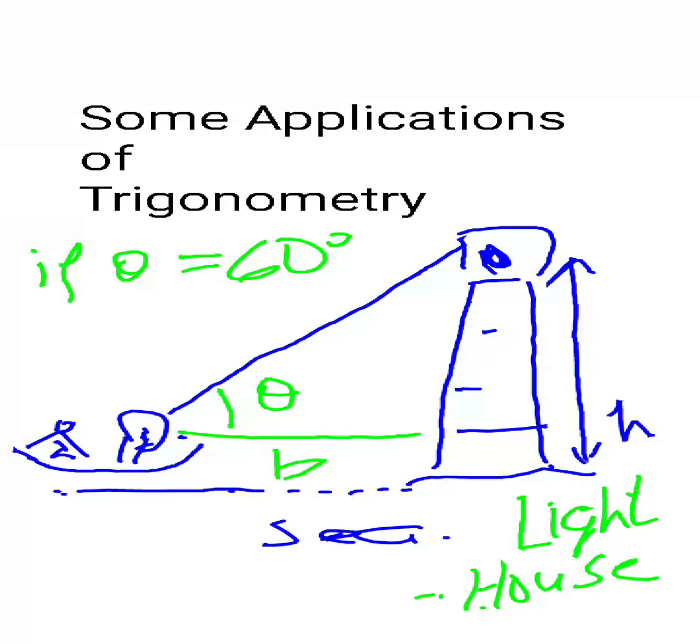If you are very close to that minar or lighthouse, then your device will show a greater angle than 60. You have to measure the base, and then you can easily calculate the height.